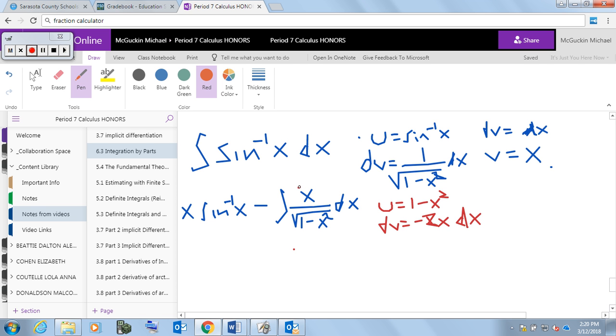So I'm going to multiply by 1 over 2, and keep it negative 1 over 2.